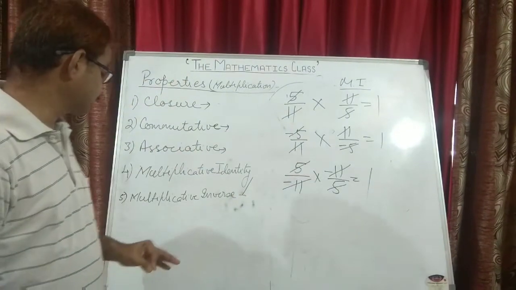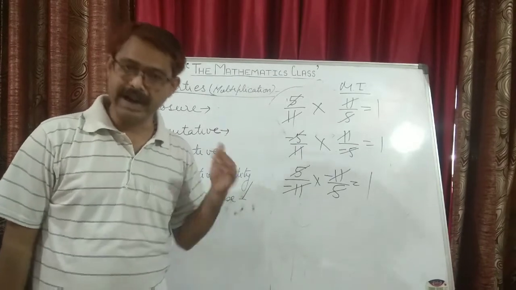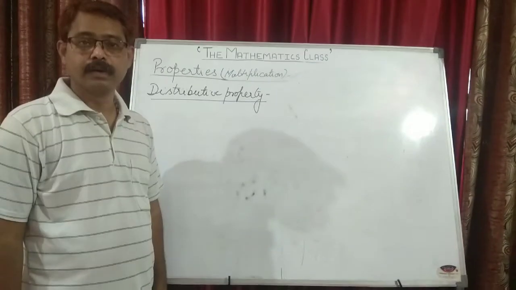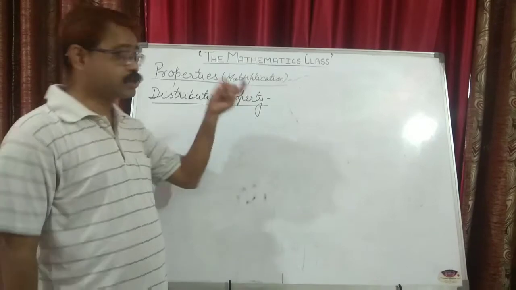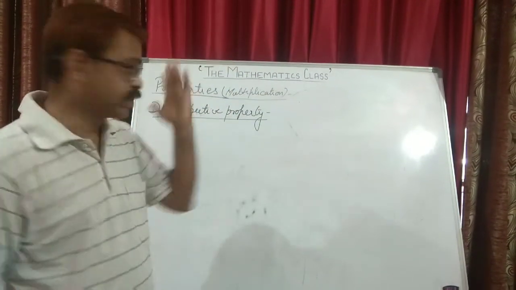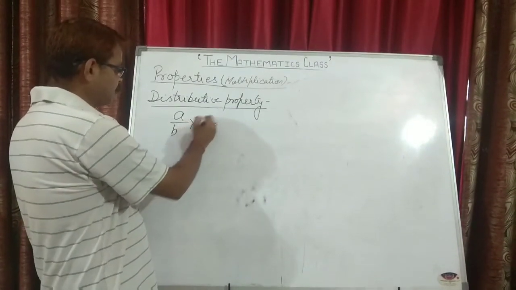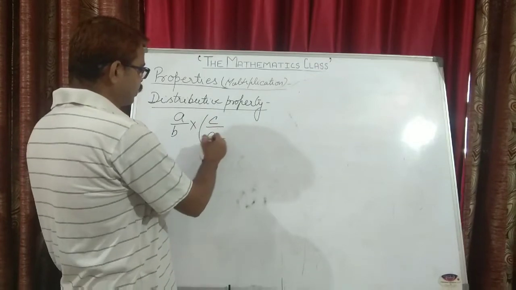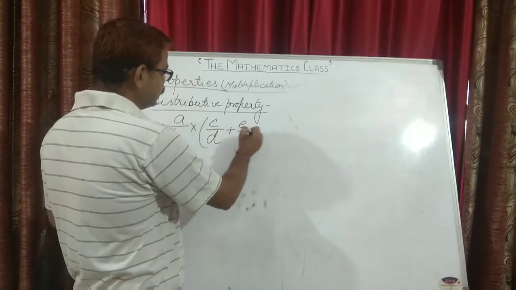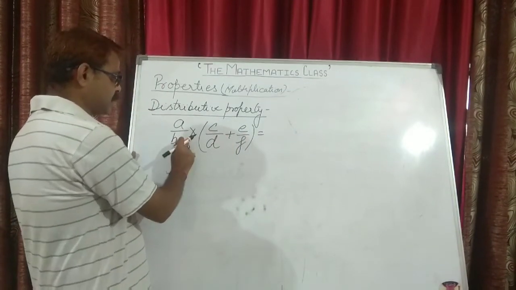Now one more property is there, that is the distributive property of multiplication over addition. Let's take A upon B into C upon D plus E upon F. Now this is addition, this is multiplication.